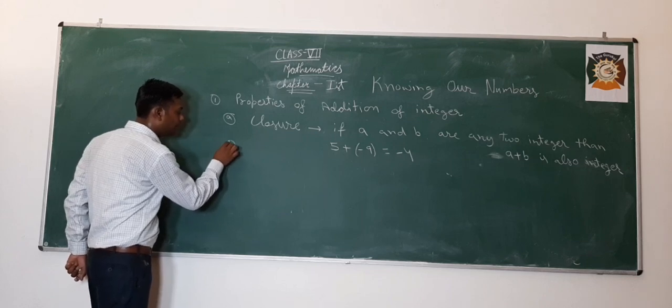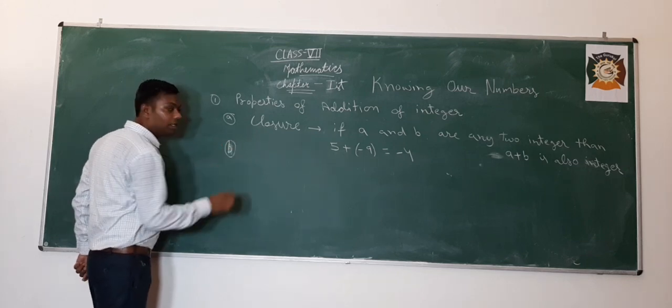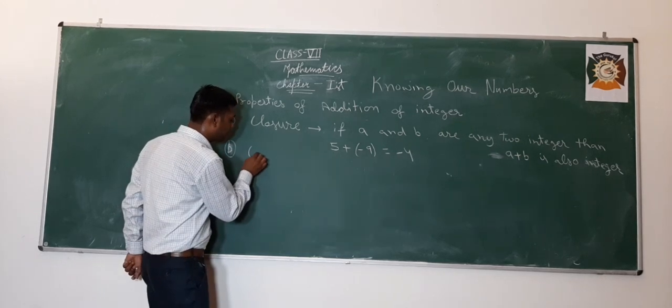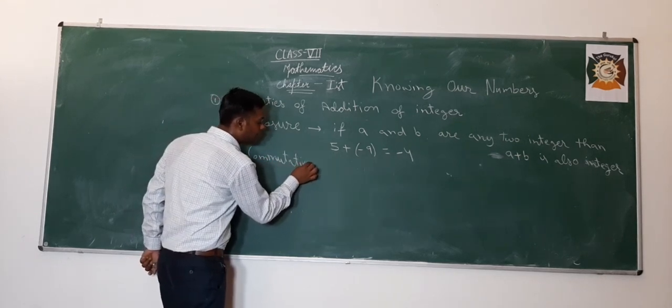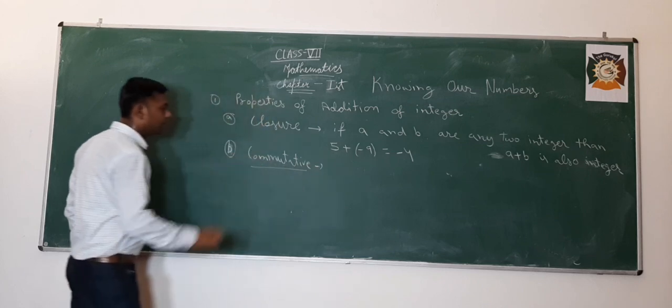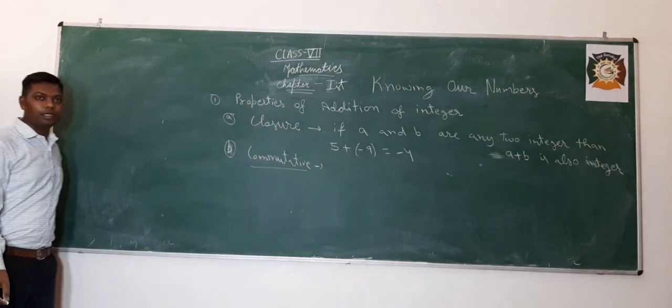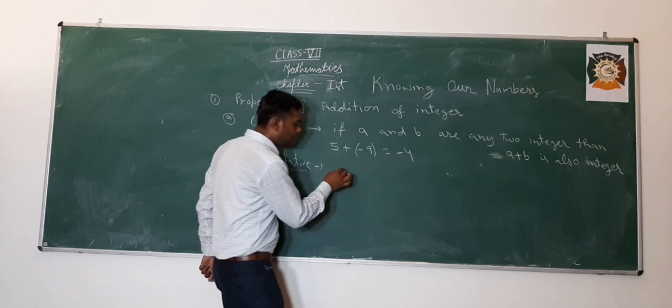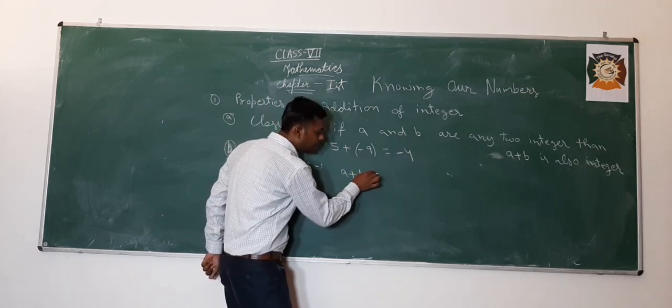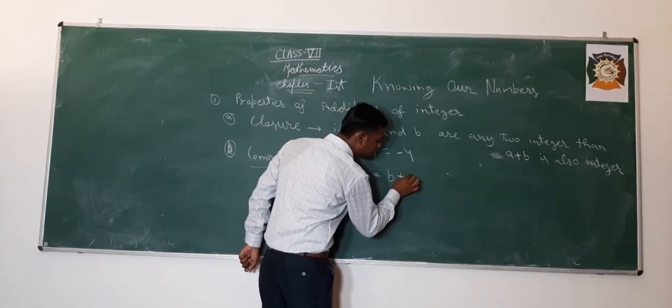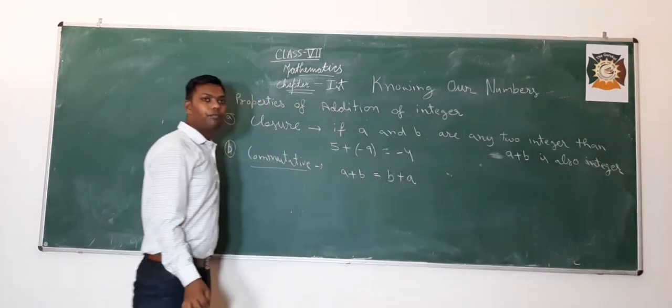we can write it as b. Next property is commutative. Commutative property of addition. In this property, let a and b be any two integers, then a plus b equals b plus a.